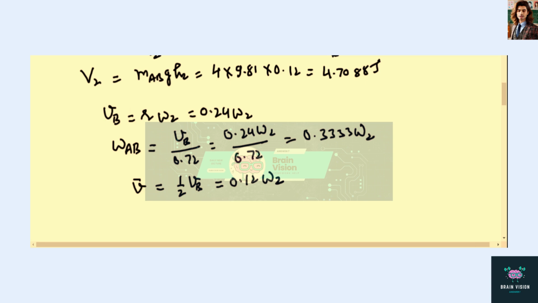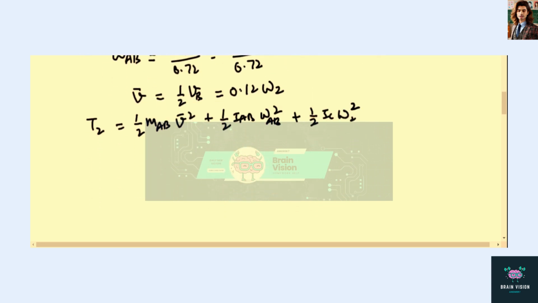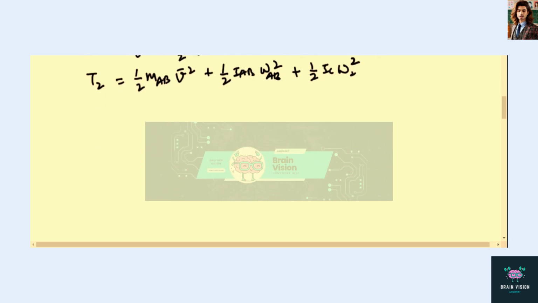So total kinetic energy in position second, half mass of AB into velocity of centroid squared, plus half I AB omega AB square, plus half IC into omega 2 square. Substituting the value, all parameters are known to us. Mass of rod AB is 4 kg.